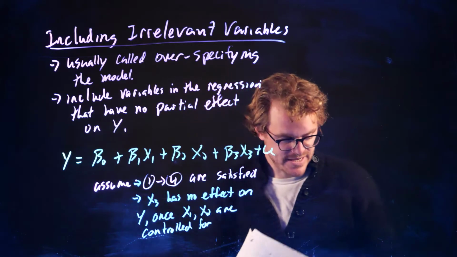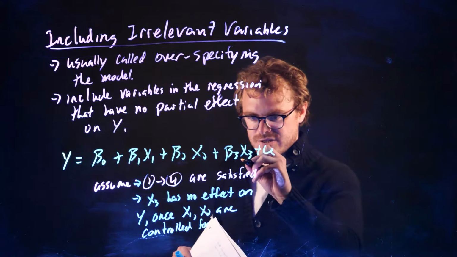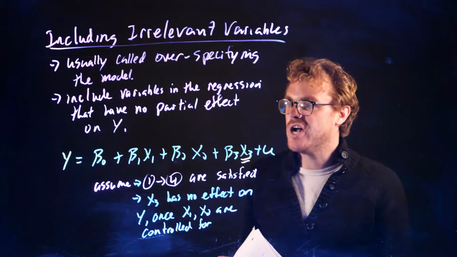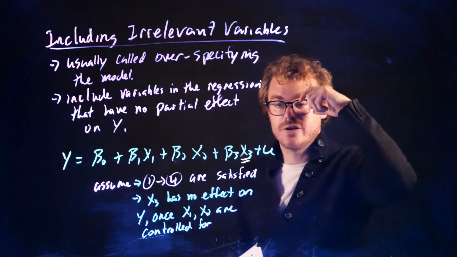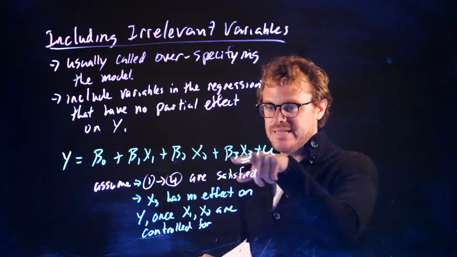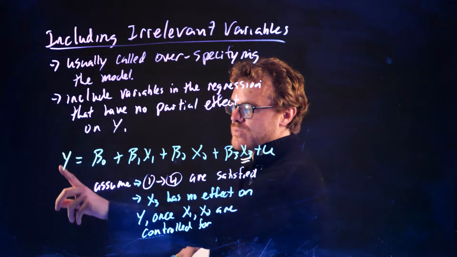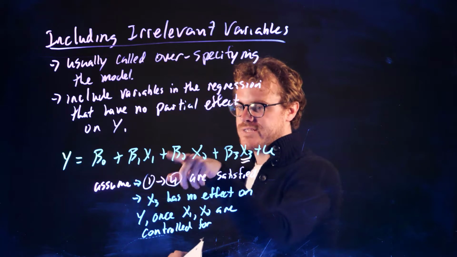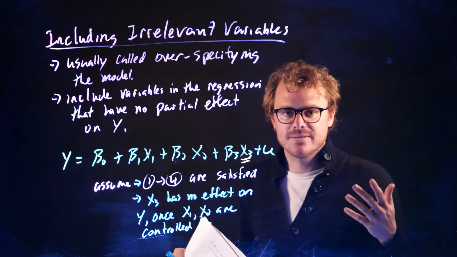So essentially what we're saying is x3 is this variable that's causing an overspecification in our model. So we really didn't need to include this variable. It doesn't affect y once we've accounted for these other two, but we included it. So what happens?